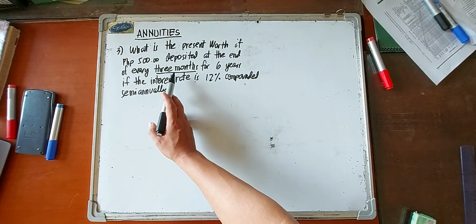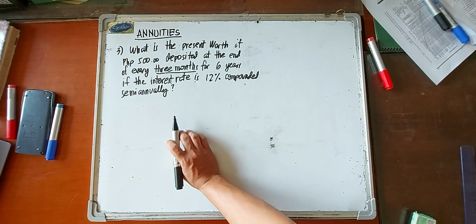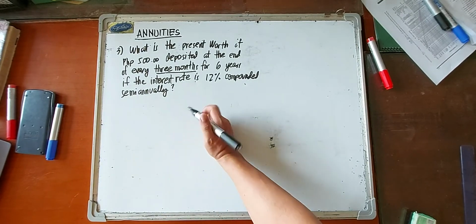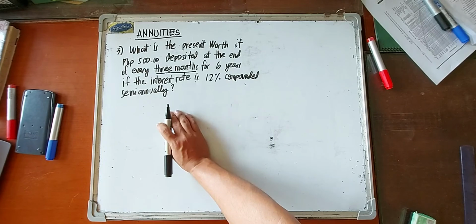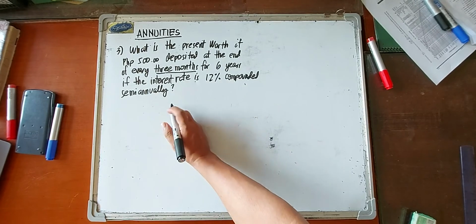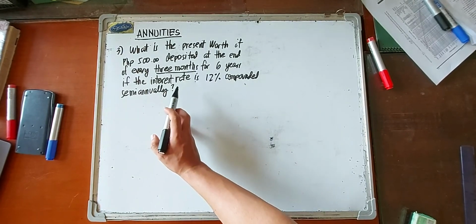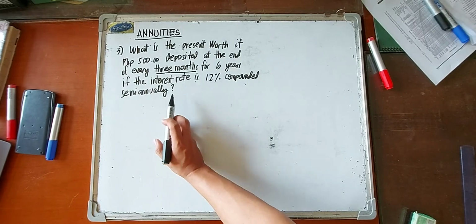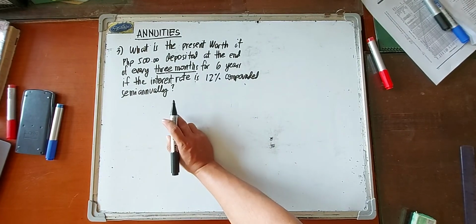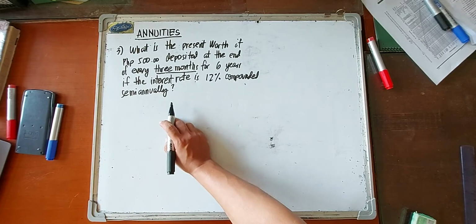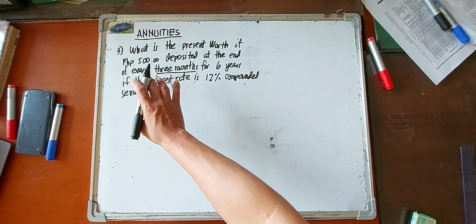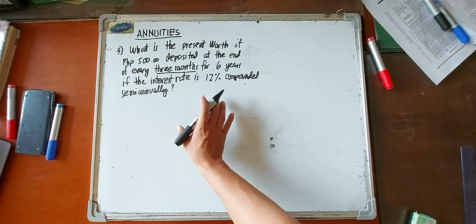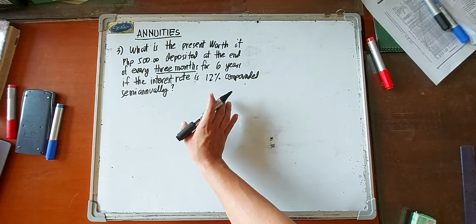So how do we do that? So let's try to remember or recall yung concept ng effective rates, no? So for the two terms to be equal, yung interest rates to be equal, they should have equal effective rates. So equate lang natin yung effective rate kapag quarterly, and then yung semi-annual.